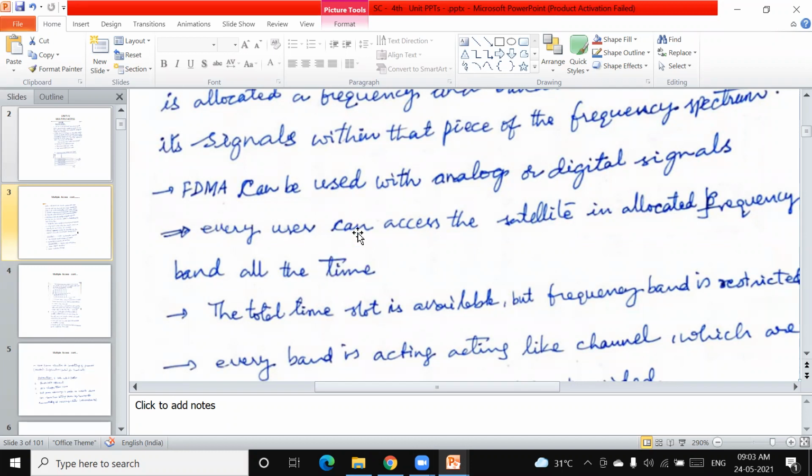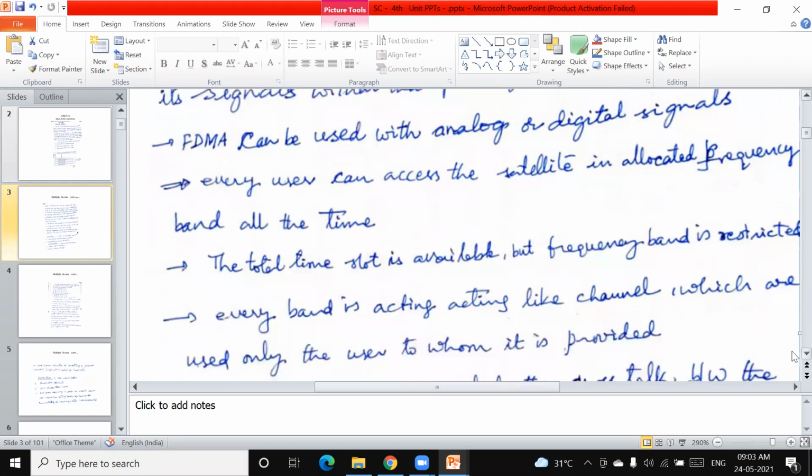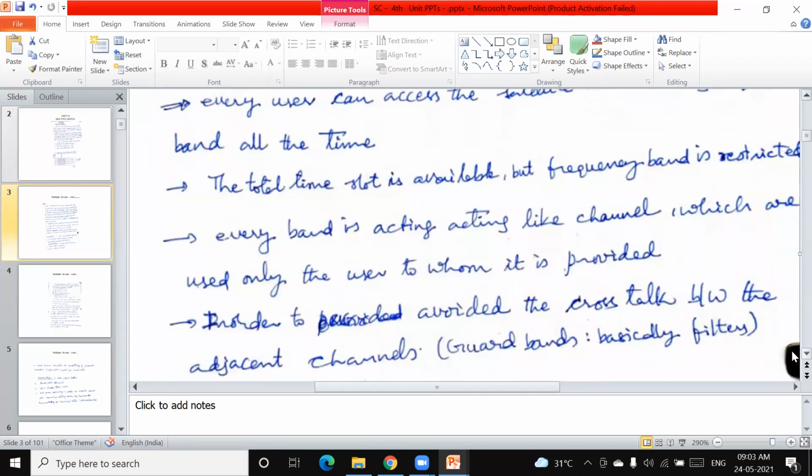This is repeated from the first statement I already mentioned. Every user can access the satellite in the allocated frequency band at all times, or communication establishment can be taken. And the total time slot is available. You know that at any time you can access the satellite.